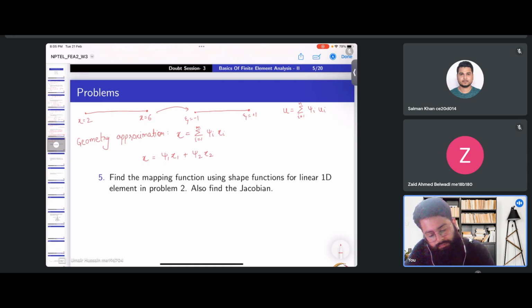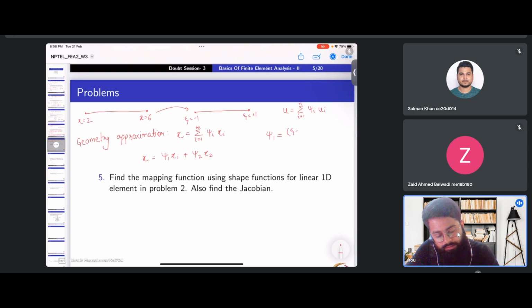So what are the shape functions for a 1D element in the natural coordinate system? What is the general formula?